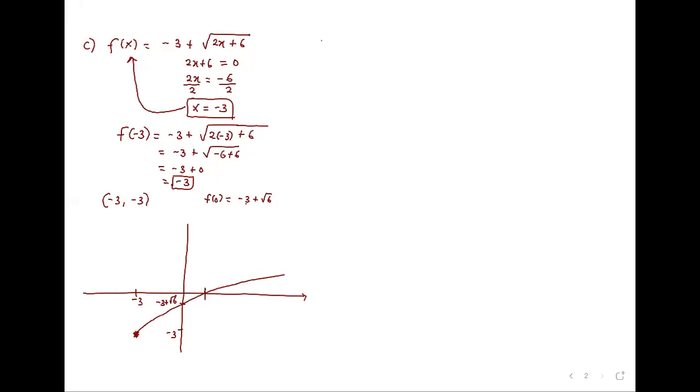Here you equated this thing to 0 to get the -3. Then what's the whole point of getting the -3 again and putting it in the function? You want to get the value of y at that -3. That -3 is the value of x, is it? Yes. So a full point must have x, y.